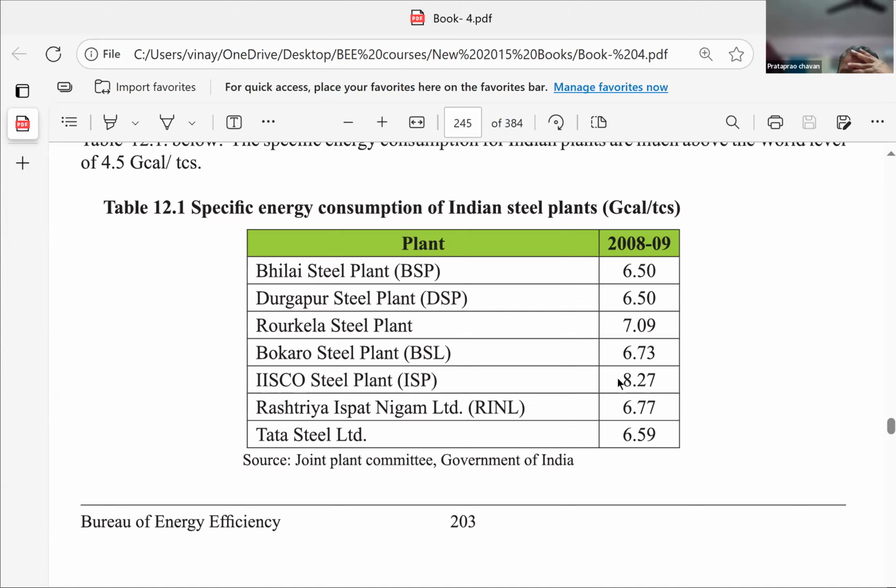Because ISCO is known for making very fine steels of different metallic compositions. As I said, the turbine steel or any particular molybdenum steel and other specific required qualities of the steel. Therefore, their energy consumption is slightly higher. But all others are within the range of 6.5 to 7, in the 0.5 range, all these three plants are doing it.